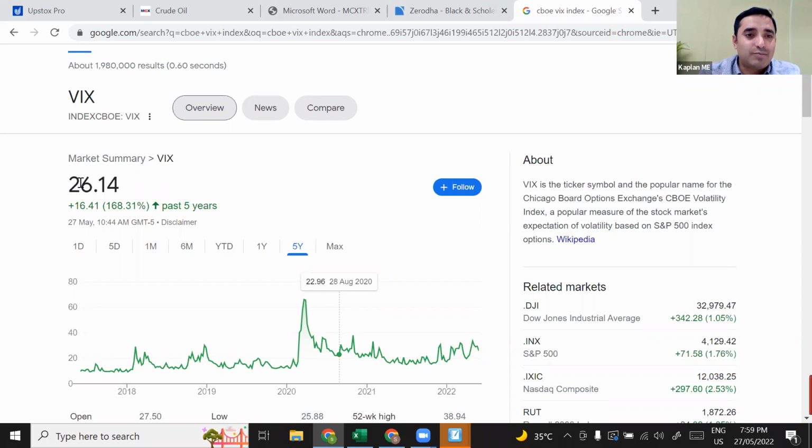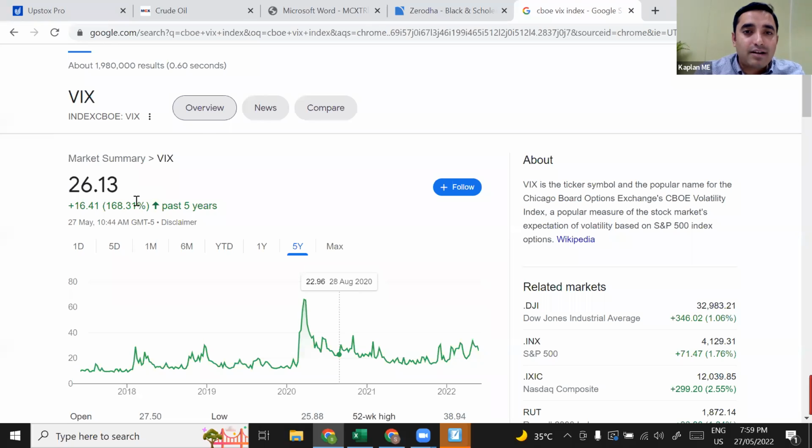This 26.14 basically means that with around 70% probability, and how that 70 comes is from one times the standard deviation, remember, 68.26% of the data lie between plus and minus one standard deviation. In a very simple way, I am approximately 70% confident that returns of the S&P 500 will be around plus or minus 26% in a year.